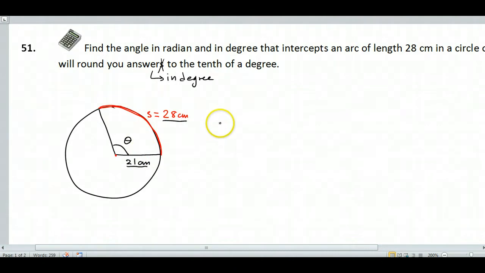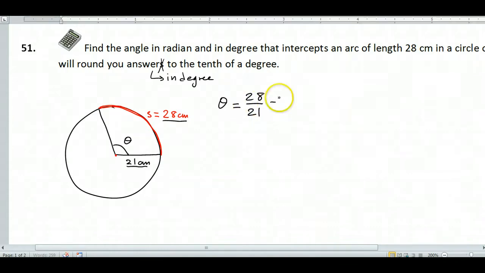Of course, if you remember the formula, it's faster, but it's also very good to understand the formula. So theta is the number of radii that I can place right here in S, so it's 28 divided by 21, okay? And of course you should simplify that, so divide by 7, so it's 4/3.